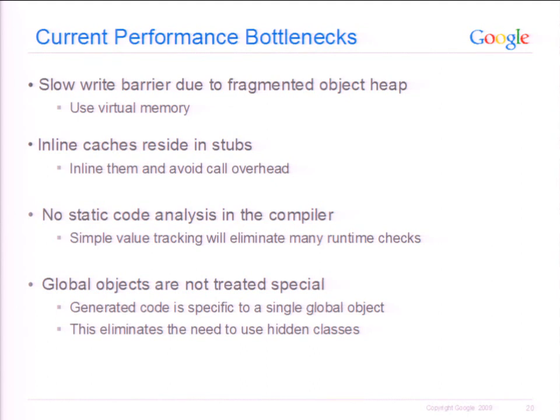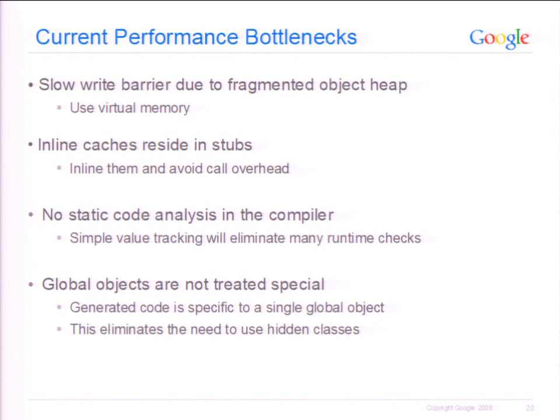We don't do any static code analysis in the compiler because it was not necessary to get good speed. But as performance competition picks up, we'll certainly add value tracking of variables and stuff like that, and then we can see some better optimization inside the compiler. In the current implementation, global objects are treated like any other objects in the system, and that's sort of unfortunate because they're oddballs.